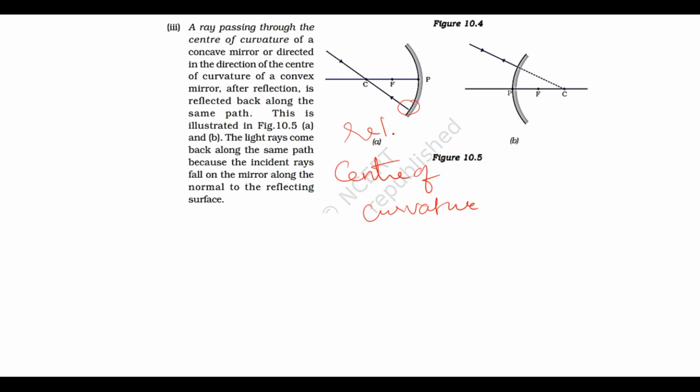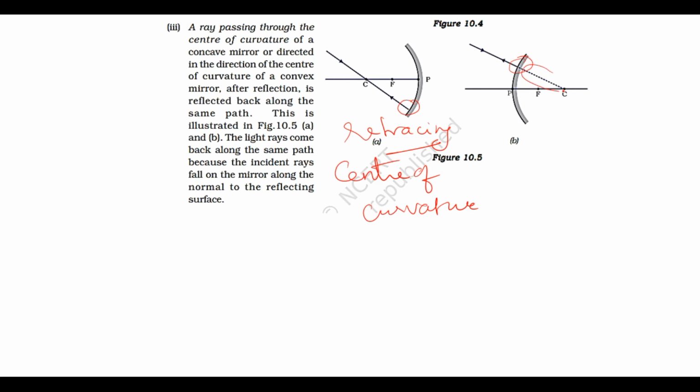When it comes to the convex mirror, a ray directed towards the center of curvature, or appearing to reach it, as given in the textbook itself, will retrace the same path after reflection. You can see that clearly over here.